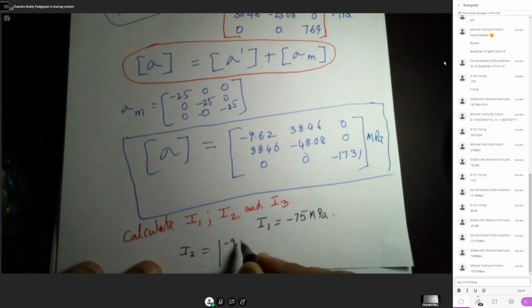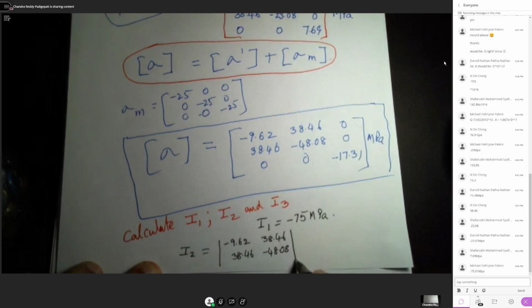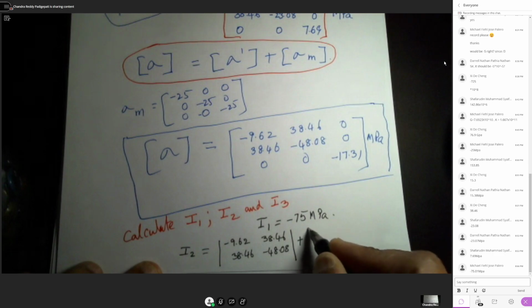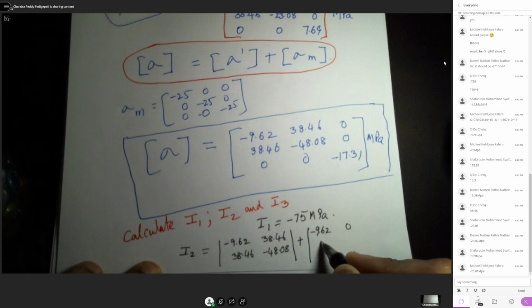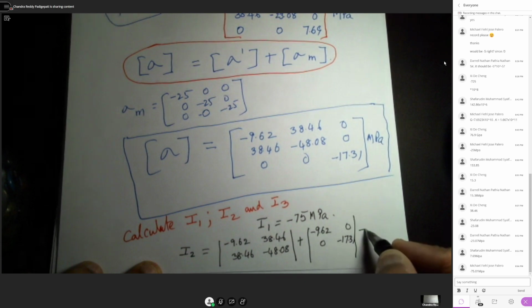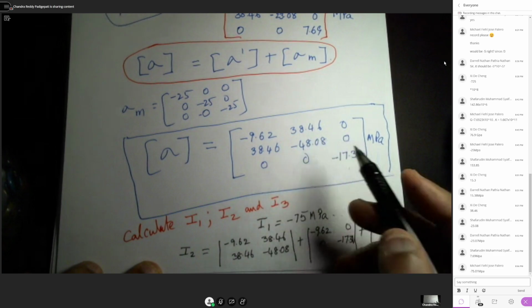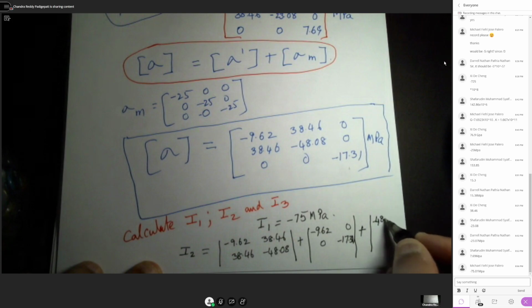Negative 9.62, 38.46, 38.46, negative 48.08, plus negative 9.62, 0, 0, negative 17.31, plus negative 48.08, 0, 0, negative 17.31.